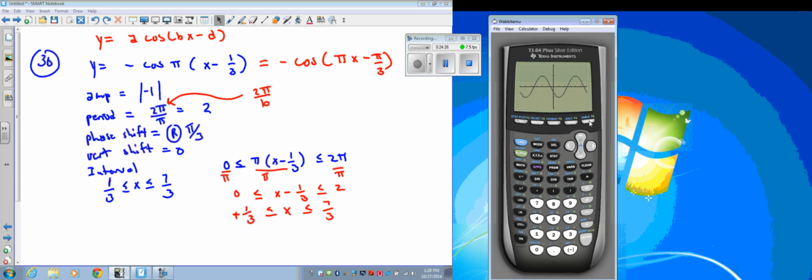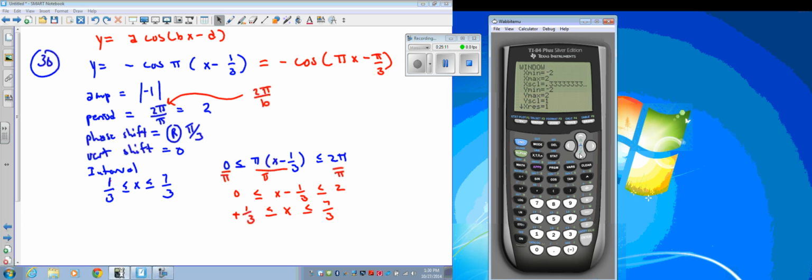Now you can see that isn't even coming out the way I would think, because this is supposed to be 1/3. I should start back here and go out to 7/3. Didn't I make that window scale 1/3? 1/3 to 7/3.